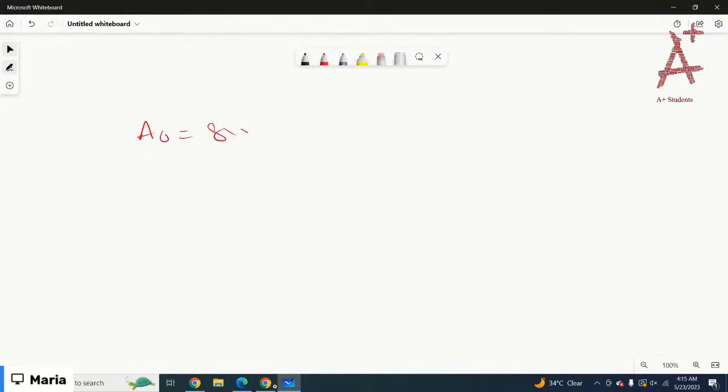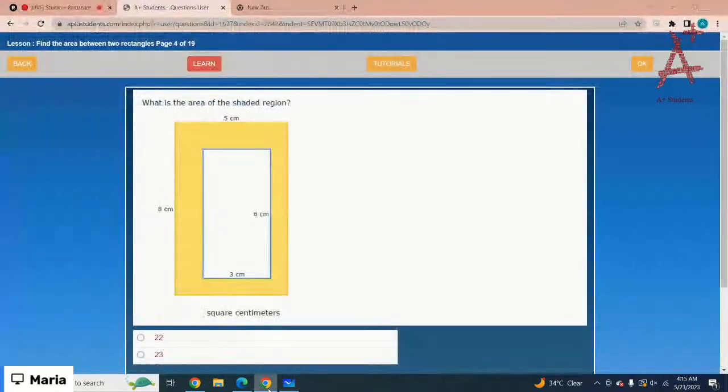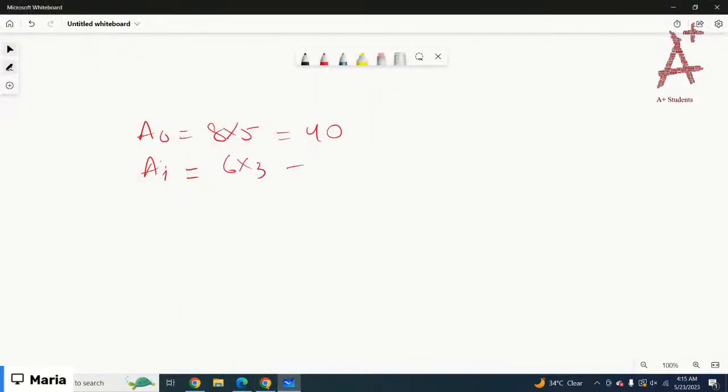It would be length times width, that is 40. Then the area of the inner one is 6 times 3, that would be 18. That means the area of the shaded region is 40 minus 18, that would be 22. So the correct option is 22.